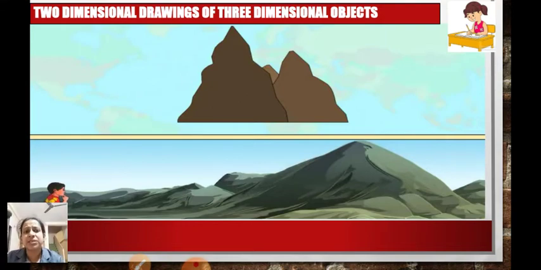But suppose if we look at the mountain from very far, we can see only 2 things. That is, we can get a fair idea about its height as well as its width. But can we come to know about its area which is covered or the expanse of the mountains? No. For that we need to go high up in the air, maybe with the help of a helicopter or so.